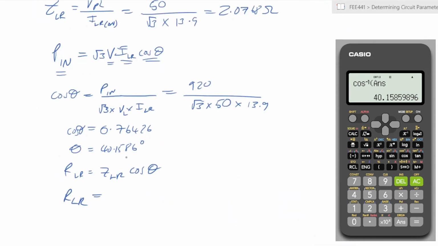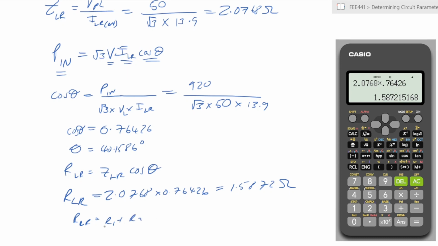So RLR will be ZLR, 2.0768, times cos theta, which is 0.76426. And that gives us 1.5872 ohms. Remember RLR is equal to R1 plus R2, but we already know R1.